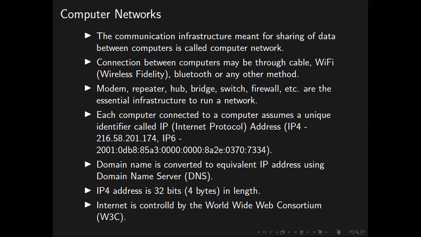IPv4 has 4 different parts and 32 bits of storage. IPv6 has 4 digits and 8 parts separated by colons, which is a larger storage. Then W3C stands for World Wide Web Consortium.